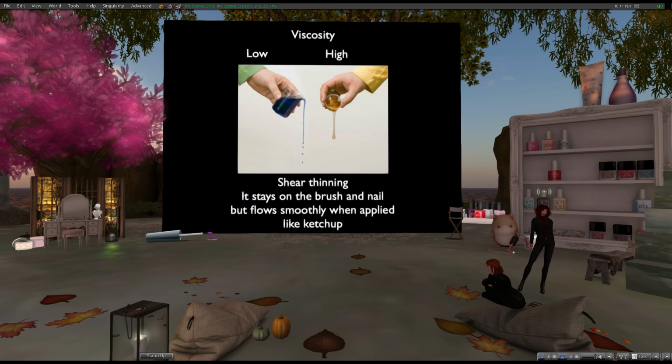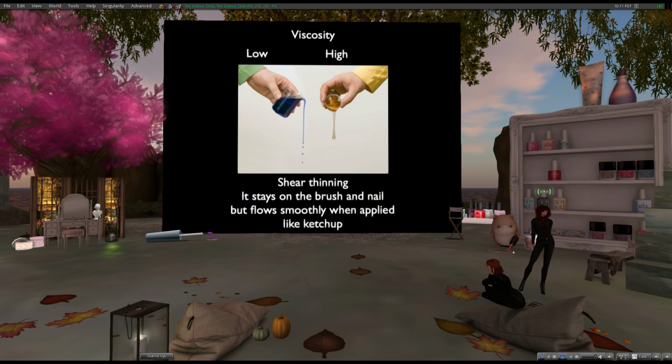So as you add in the clay and other molecules to the nail polish, you change its viscosity. Low viscosity runs like water and high viscosity flows like honey. But you also want it to have this property called shear thinning. And that means when it's stuck on the brush, it stays there. When it's liquid on your nail, it stays where you put it.